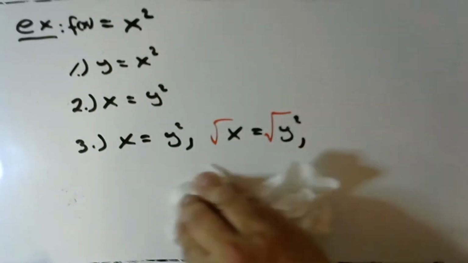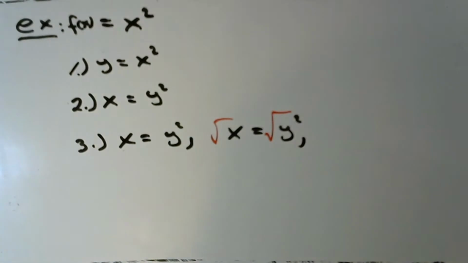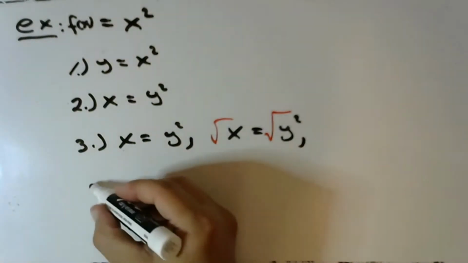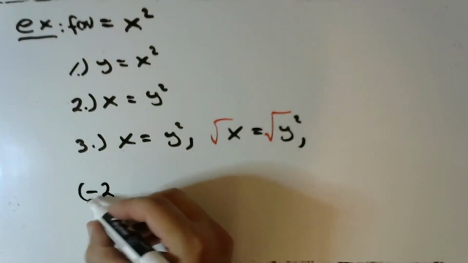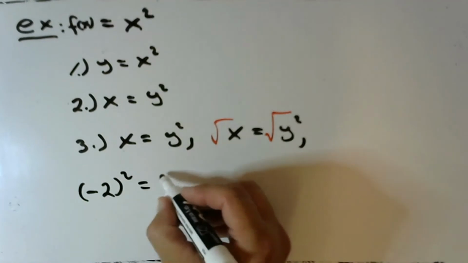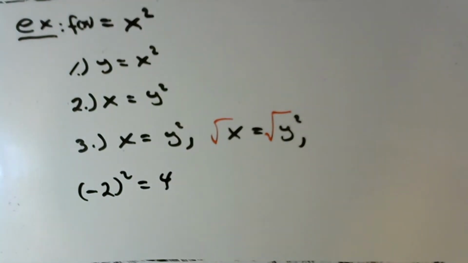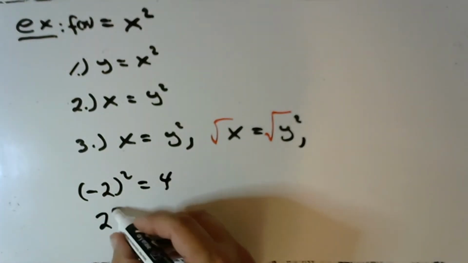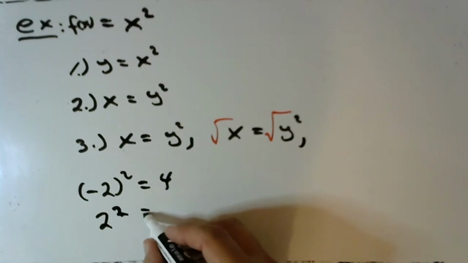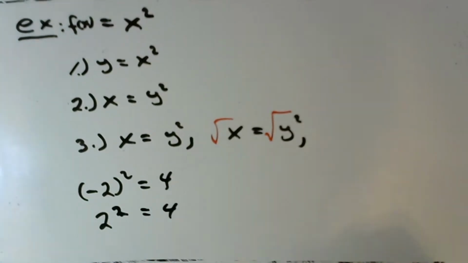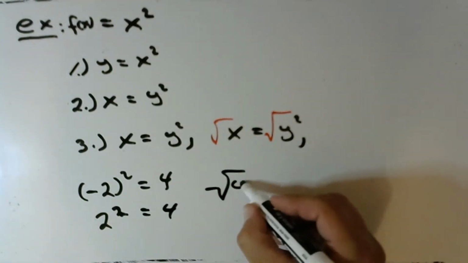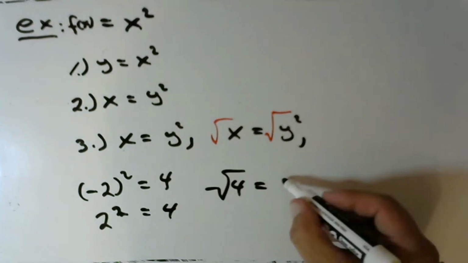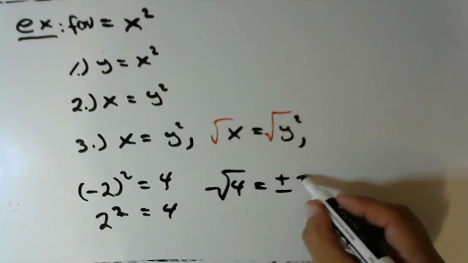Square root's different. And the reason square root's different is if you take -2, you square it, you get 4. -2 times -2 is 4, but also 2 squared equals 4. So that means the square root of 4, well, 4 could have come from plus or minus 2.